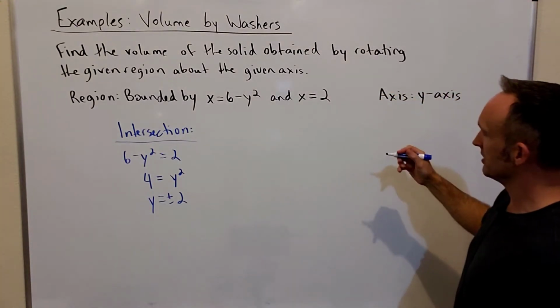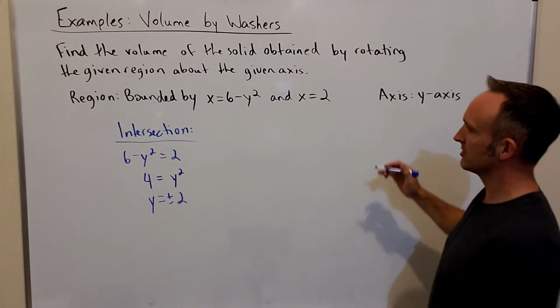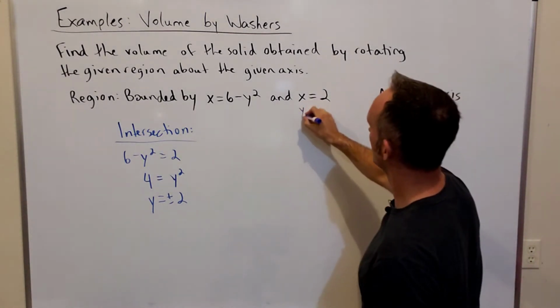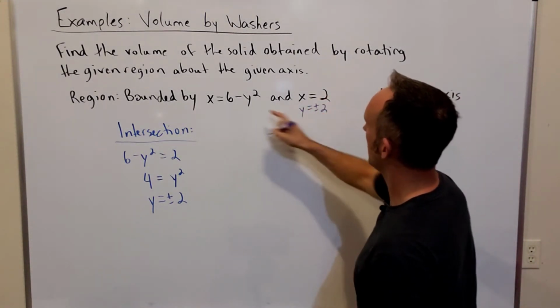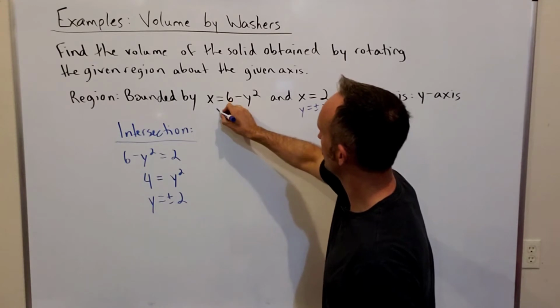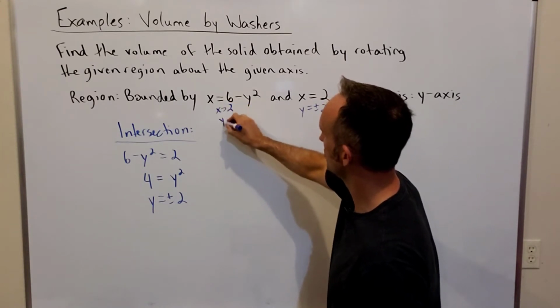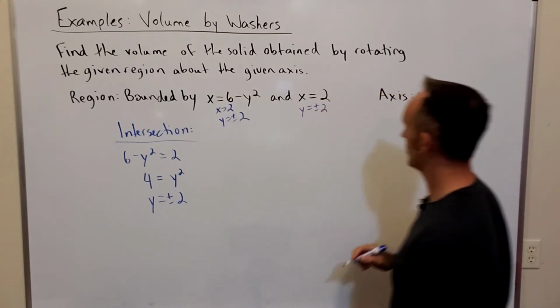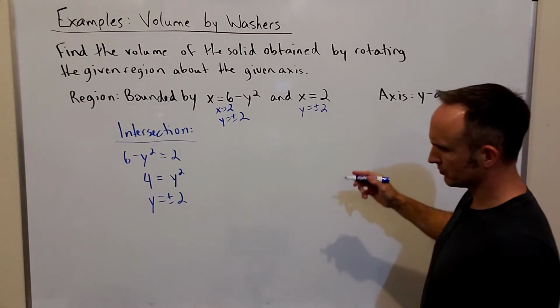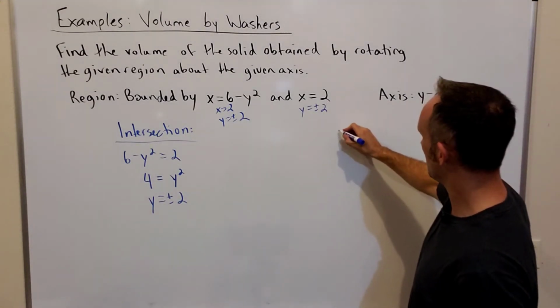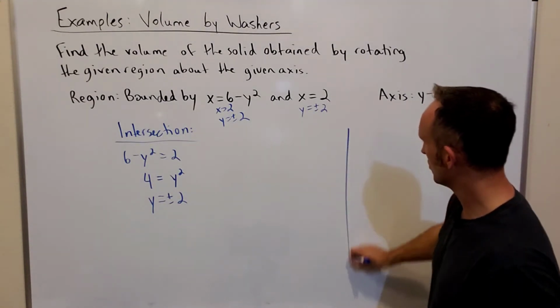So when I graph this, I know that both of these guys are going to go through the point where x is 2 and y is plus or minus 2. Okay? All right, so here we go. We're going to rotate about the y-axis, so I'll draw that here.